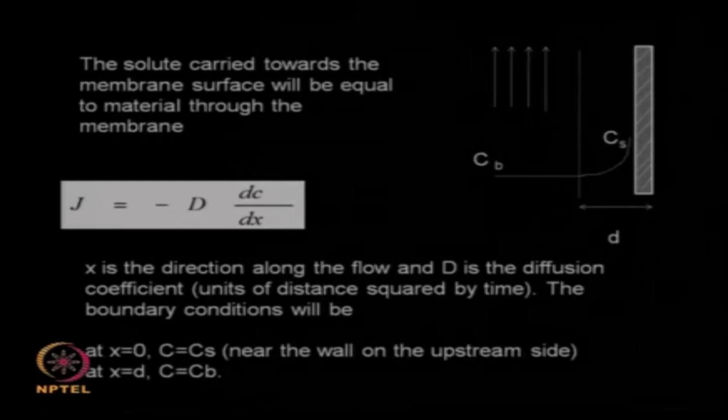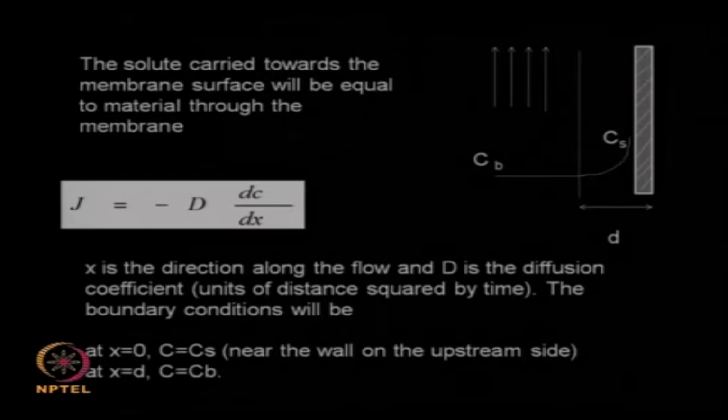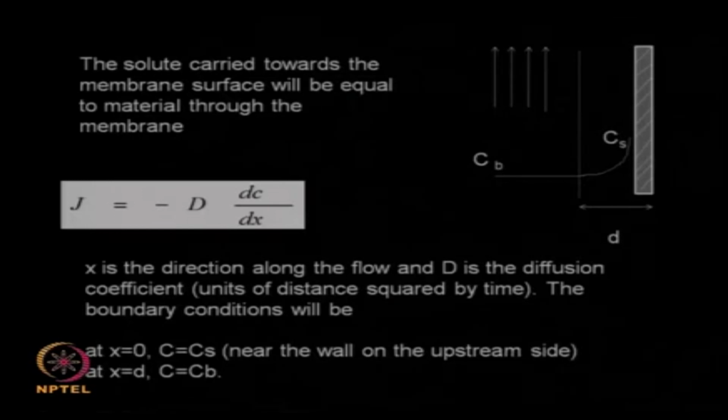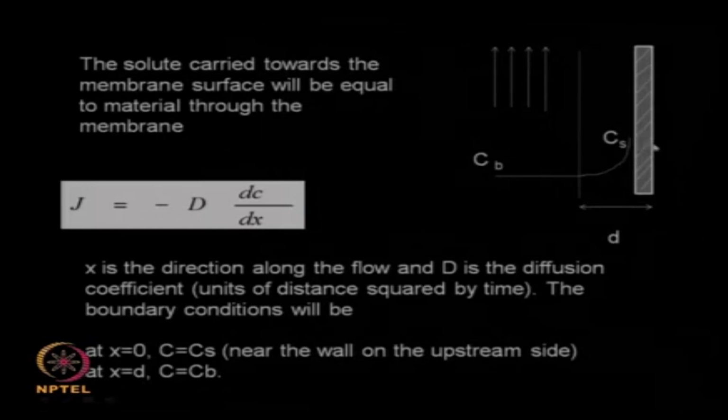Now let us look at some mathematical juggling and calculate the concentration polarization as we move from the bulk of the liquid to the surface of the upstream of your membrane. You use Fick's law of diffusion for this, because whatever solute is getting carried towards the membrane surface will be equal to the material passing through the membrane.